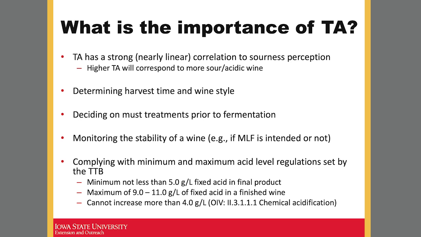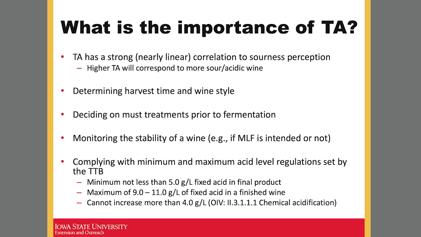If your titratable acidity is too low, you may need to add some acids, organic acids. Also, when you realize that you probably need to acidify your wines, there are some rules that you have to follow based on the Alcohol and Tobacco Tax and Trade Bureau, so TTB.